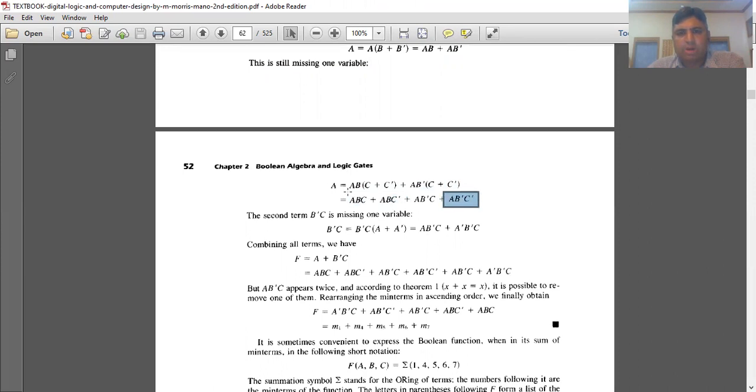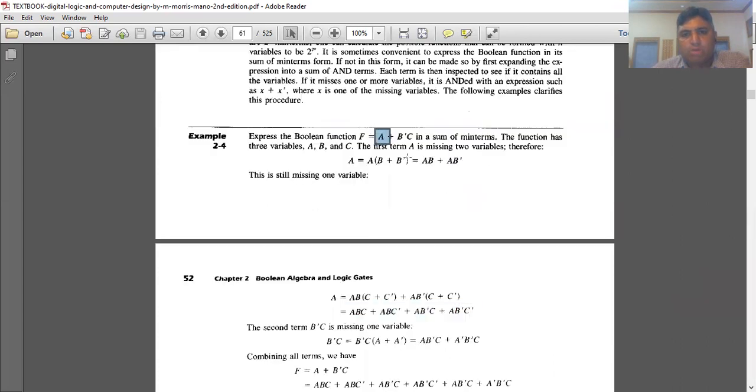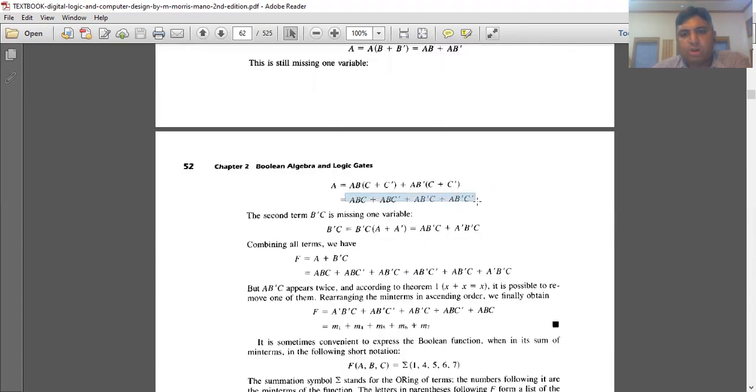So now a becomes these four terms, and all these four terms have a, b, and c. So instead of a, we will use these four terms, because for writing a minterm, we need all three variables.